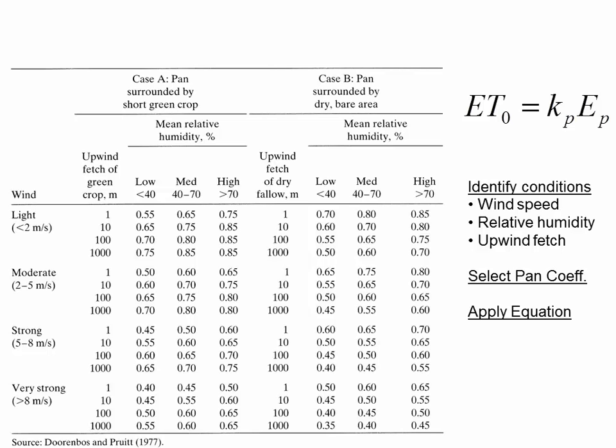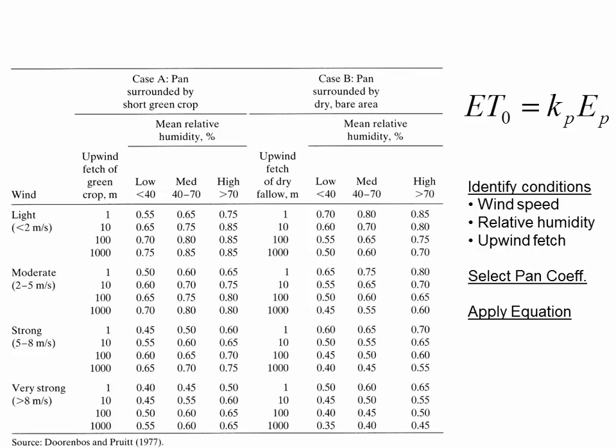Now this next column, upwind fetch of green crop, that's talking about where you have the pan located in a field. And so if the wind is blowing this way, and this is grass, and then we have our pan located here, the grass itself could be giving off moisture, and so this is water that's being lost.